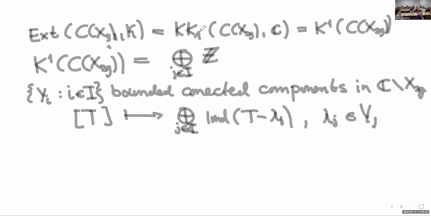So then it's an invertible operator. In the Calkin algebra, it's a Fredholm operator, it has an index, and this is the way we can classify our essentially normal operators.